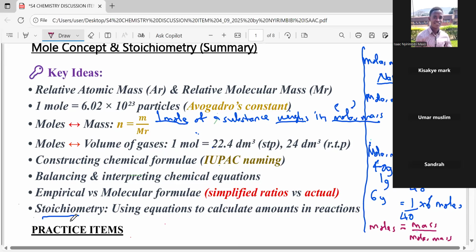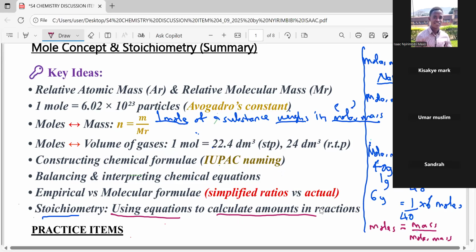That's stoichiometry. In simple terms, we are using equations to calculate amounts in reactions. That's what we are looking at.